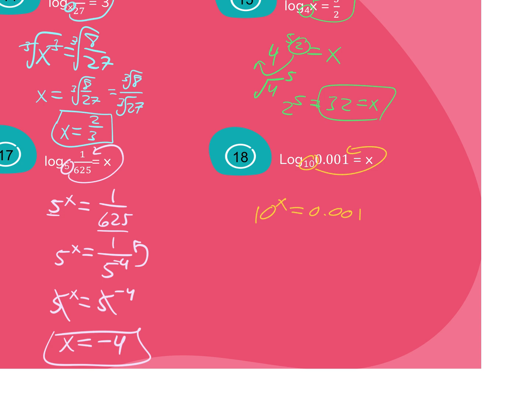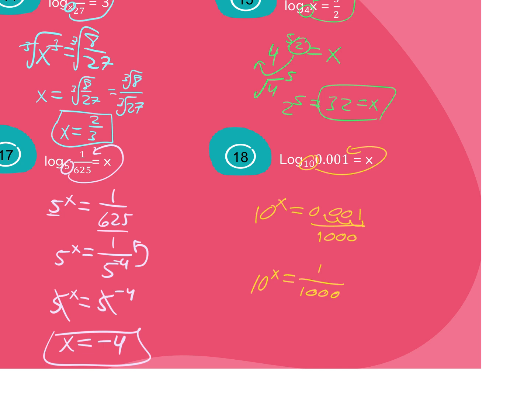So remember, we have a decimal point right here. We can go 1, 2, 3 units over, and that gets us the 1. And since we moved 3 units over, we're going to have over 1,000, right? 3 zeros. So then we get 10 to the power of x is going to equal 1 over 1,000, like that.